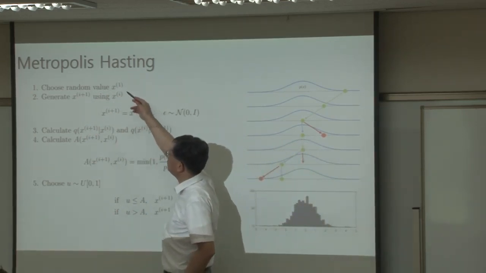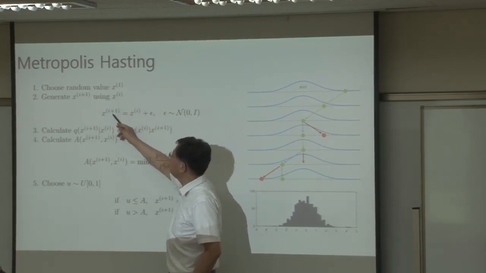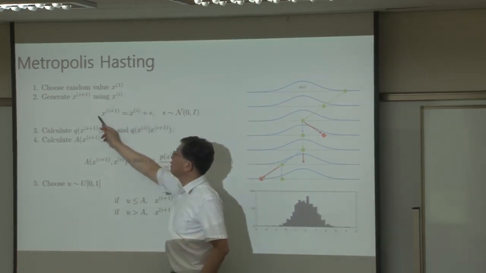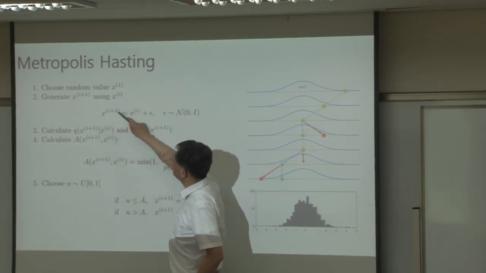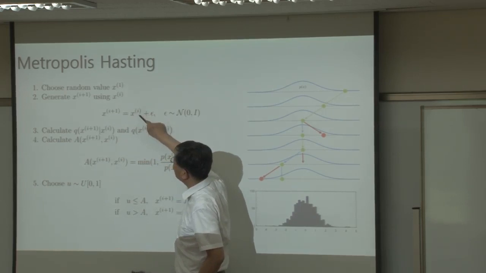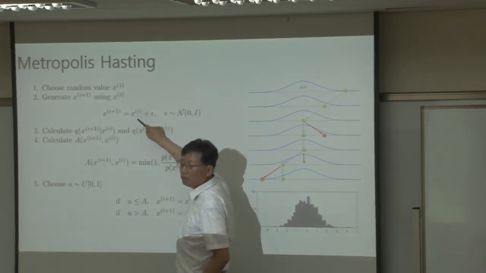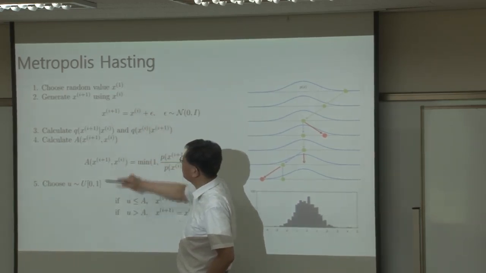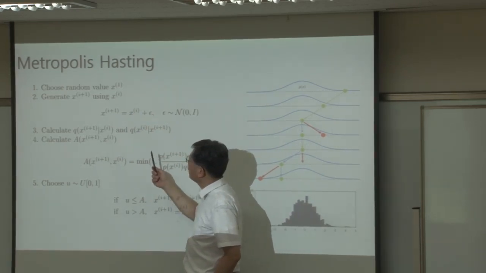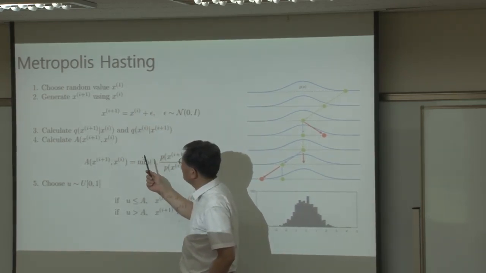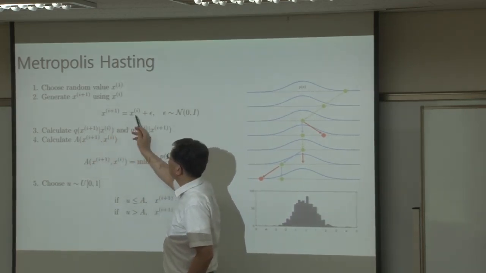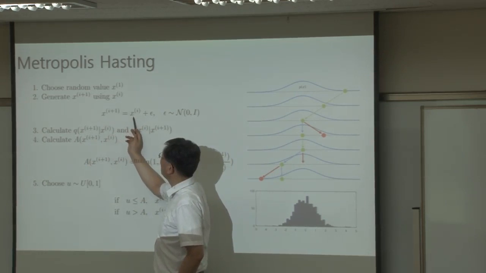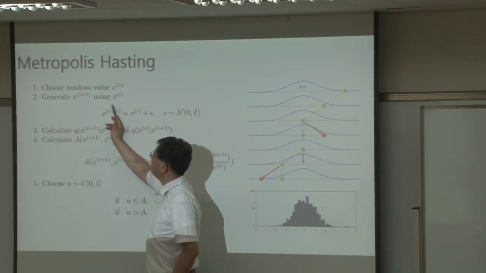So you start with some initial value and a proposal distribution. Here, a Gaussian is used. The proposal distribution depends on the mean value of the previous one. Okay. And then you calculate. The sample that you get from the previous one, you update.